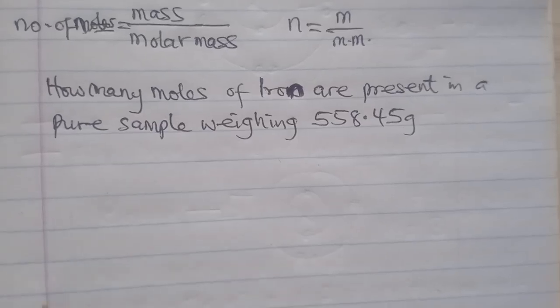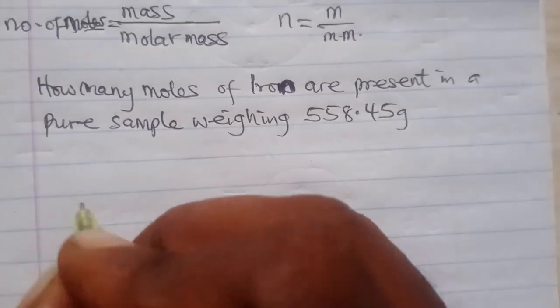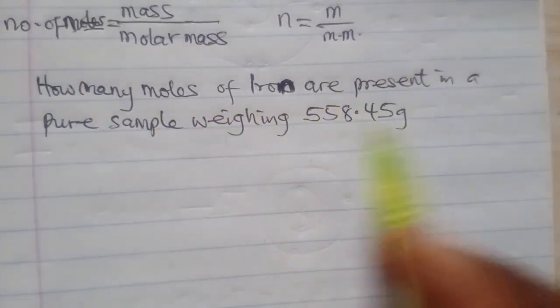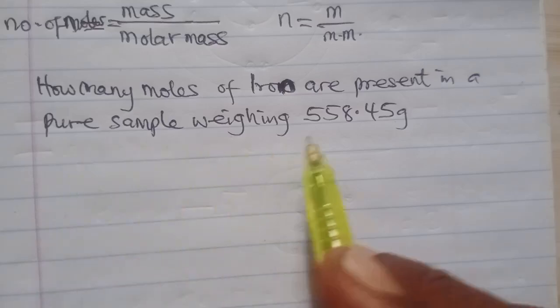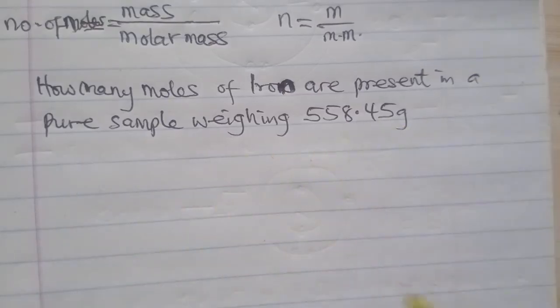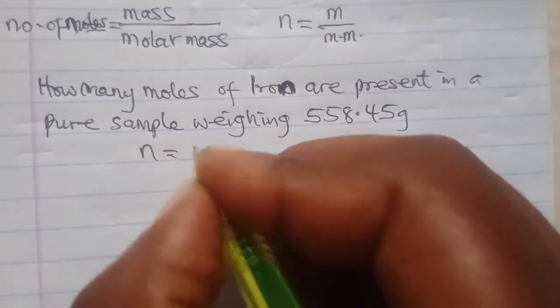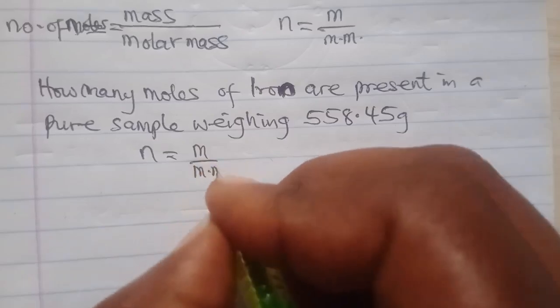For example, let's look at some of these previous questions. This one says, how many moles of iron are present in a pure sample weighing 558.45 grams? Simply, we say number of moles is mass over molar mass.